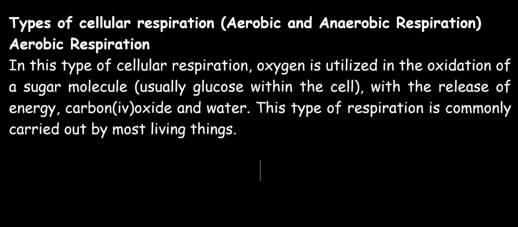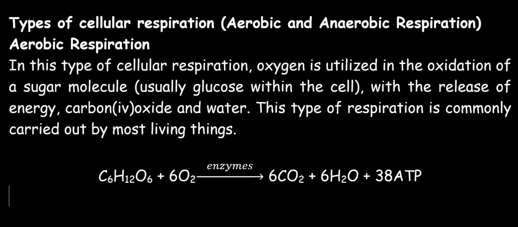We are going to be showing the chemical equation involved. So this is the formula for aerobic respiration. As we can see, one molecule of glucose is oxidized by 6 molecules of oxygen in the presence of enzymes to give 6 molecules of carbon dioxide and 6 molecules of water. The formula is the same as the one we just looked at previously, but it is particular to that of aerobic respiration.